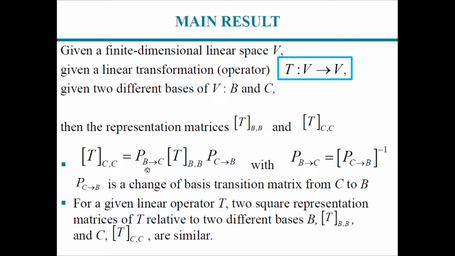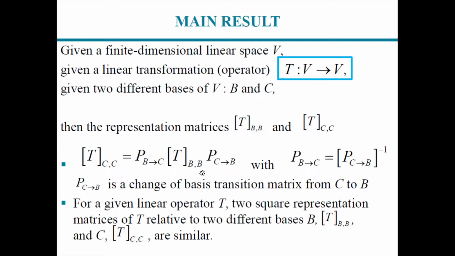So if we remember the definition of similarity of two matrices, if we consider TCC as a matrix and TBB as a matrix, then this actually fits the definition of two similar matrices. All we needed is a matrix P that is invertible, and it goes on both sides, like P and inverse of P. So that's why we say that representation matrices of a linear operator, both of them square obviously, are similar because they satisfy the definition of similarity.